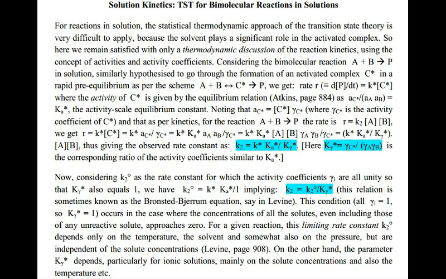Now let us note that, for a given reaction, this limiting rate constant k2⁰ will depend only on the temperature, the solvent, and somewhat on the pressure, but is independent of the solute concentrations, as given in Levine. On the other hand, the ratio of the activity coefficients Kγ*, particularly for ionic solutions, depends mainly on the solute concentrations and also the temperature.